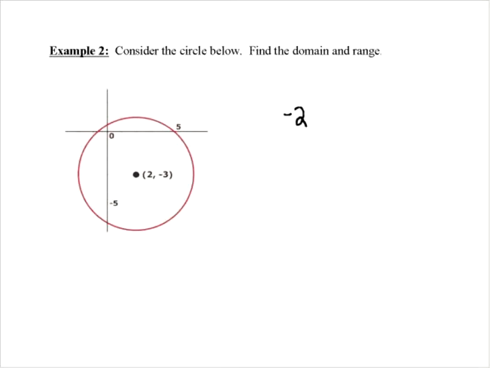Now negative 2 is our smallest value, so it's going to be less than or equal to x. And remember, it's x because we're dealing with the domain. And x is going to be less than or equal to 6. This is the notation that we use if we're trying to write the domain or the range where we have a starting point and an ending point, or in this case, a minimum and a maximum.